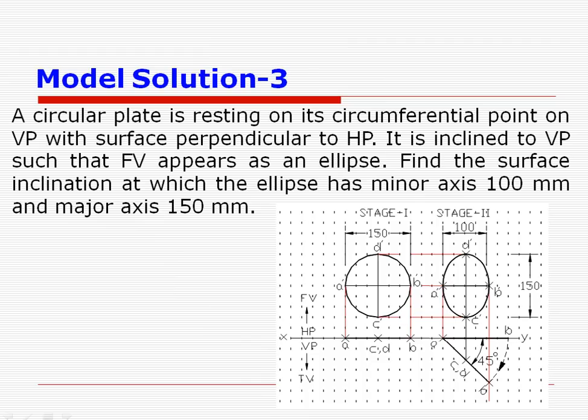Where that arc coincides with the vertical from B, that point is the new B.